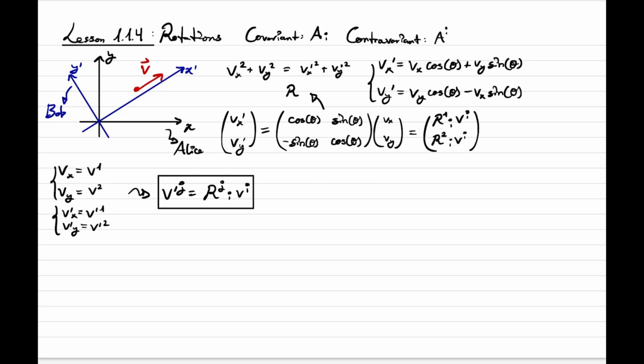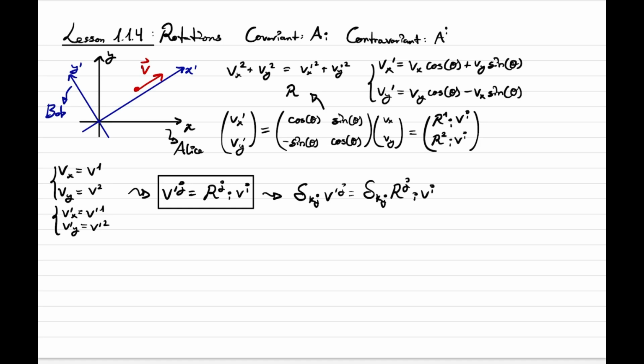Now that we know how contravariant objects transform under rotations, which is just this expression, we want to know how covariant objects transform under rotations. So we are going to do a trick, which is using the Kronecker delta. We are going to multiply this equation by the Kronecker delta δ_kj.